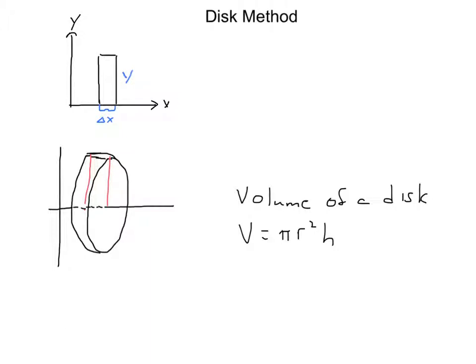So when I look at this particular situation where the height of this rectangle is y and the base is delta x, the volume of this particular disk is going to be pi times y squared, because that's going to be the radius, times the height, which would be delta x.